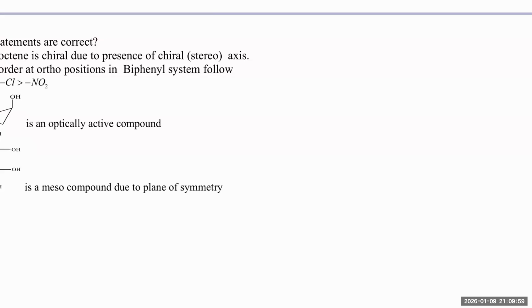Okay. So basically, if you have... count the number of carbons: 1, 2, 3, 4, 5, 6, 7, 8.